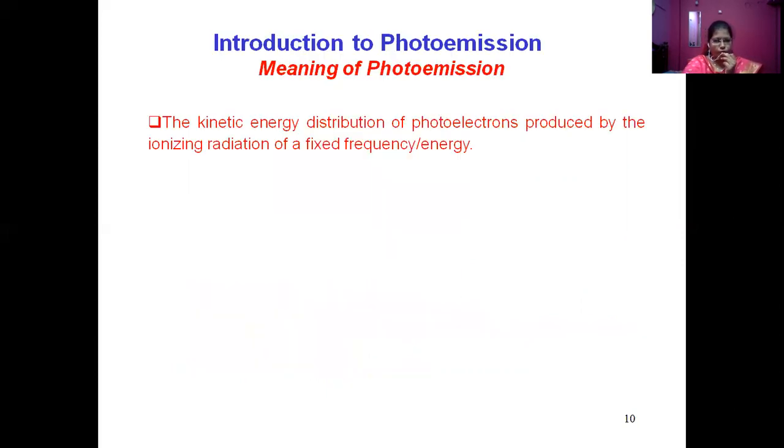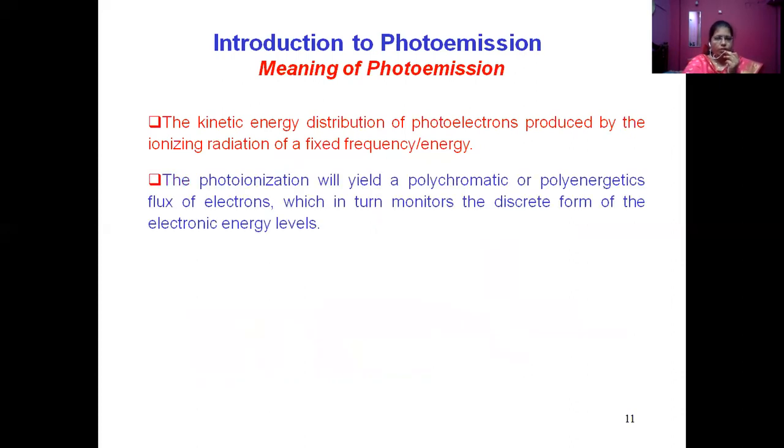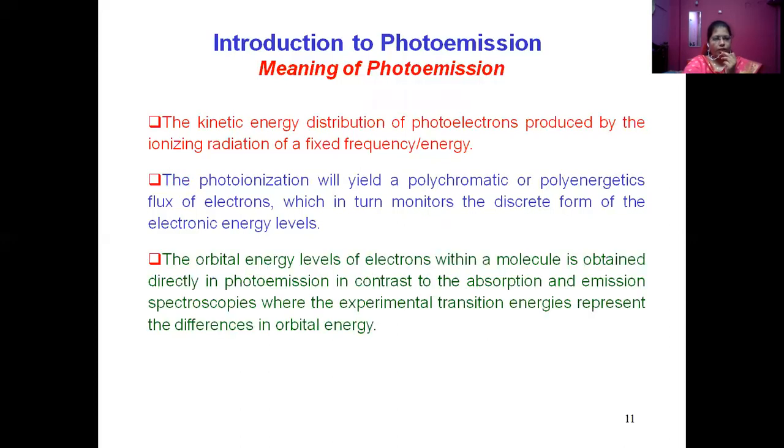So, introduction to photoemission. Meaning of photoemission: the kinetic energy distribution of photoelectrons produced by ionizing radiation of a fixed frequency or energy. The photoionization will yield a polychromatic or polyenergetic flux of electrons, which in turn monitors the discrete form of the electronic energy levels.